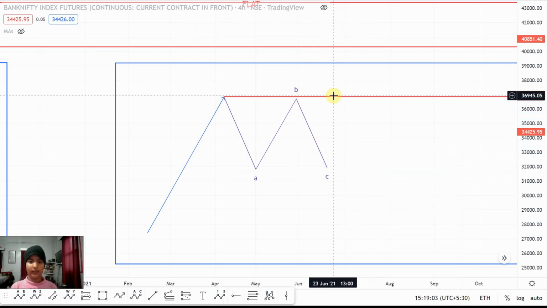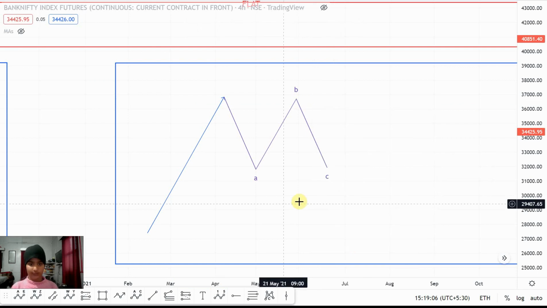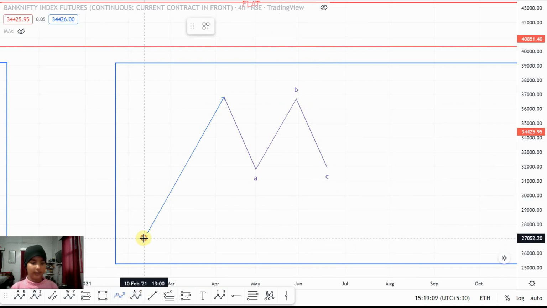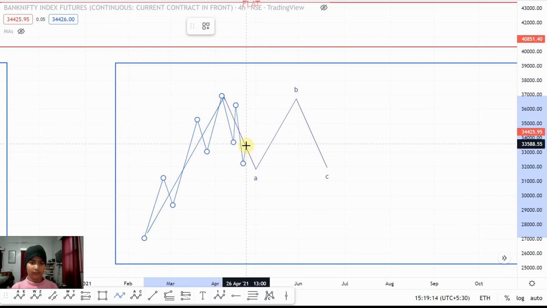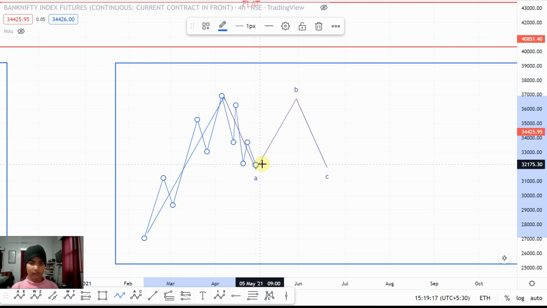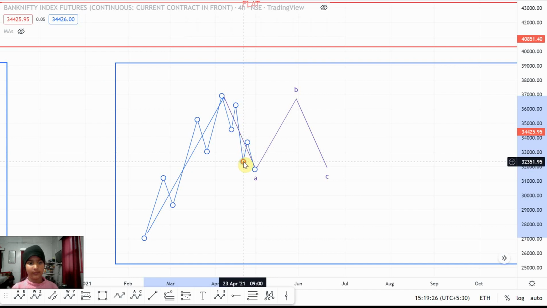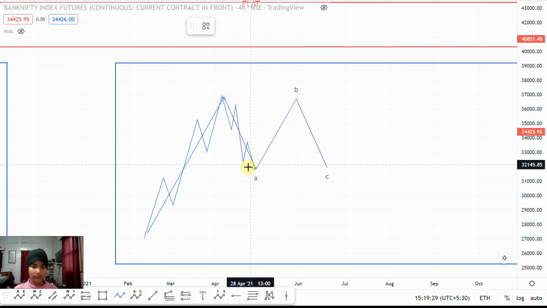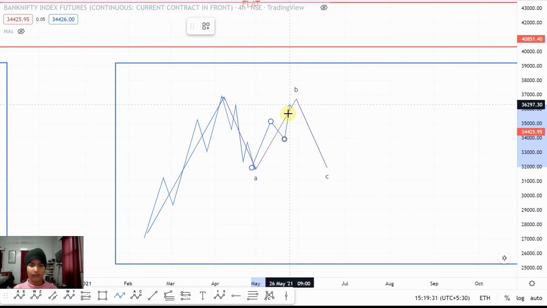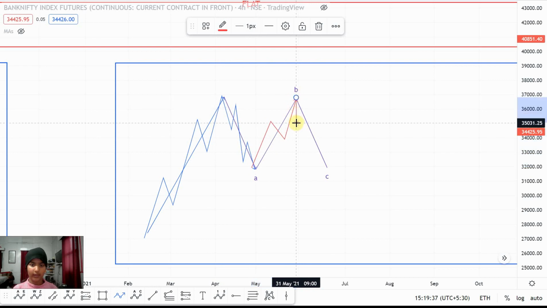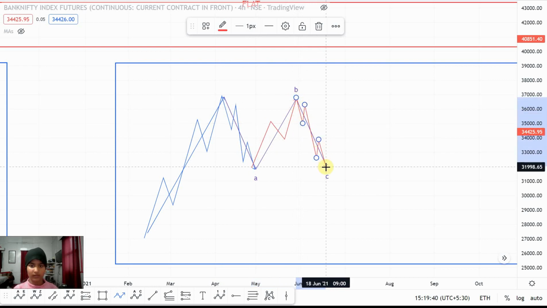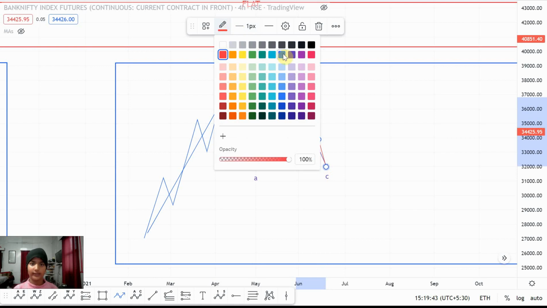This is a regular flat structure. Let's mark the internals. We'll color that red, and 5 waves down again for our C wave.